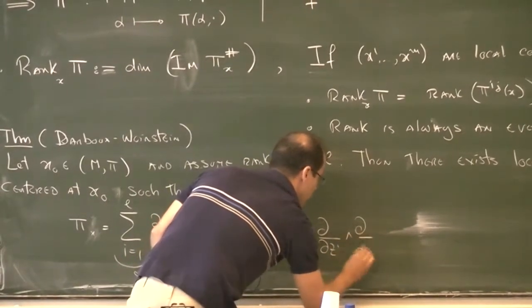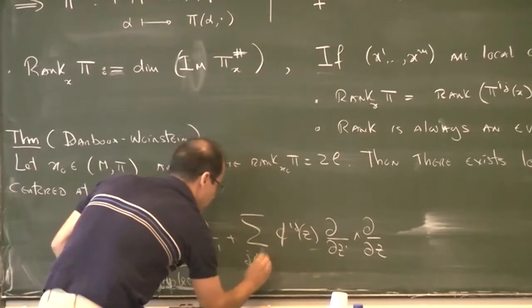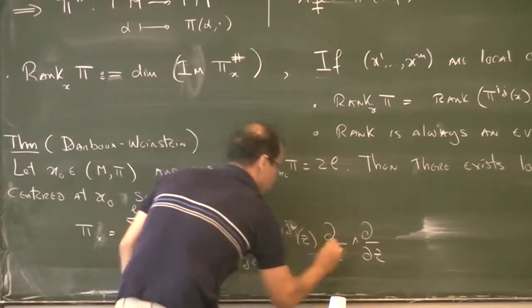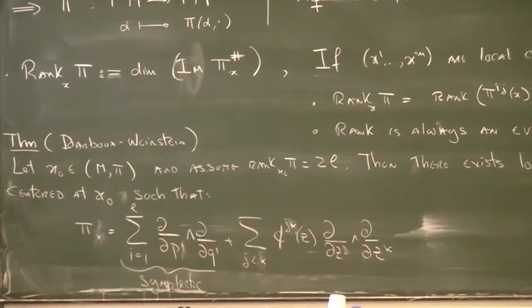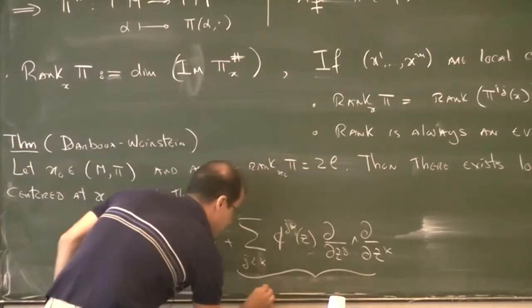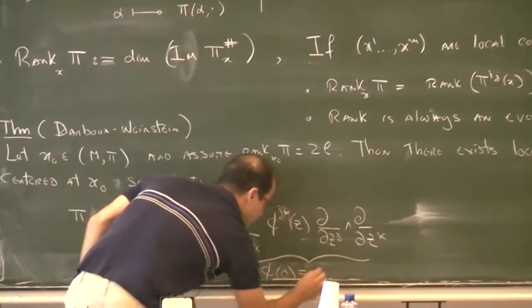We'll write this as sum over j less than k. So it only depends on the z coordinates, and this part has the property that at x0, so that corresponds to zeros, it vanishes.